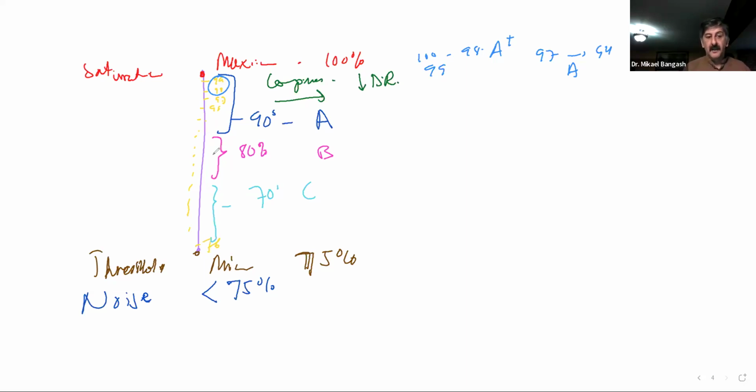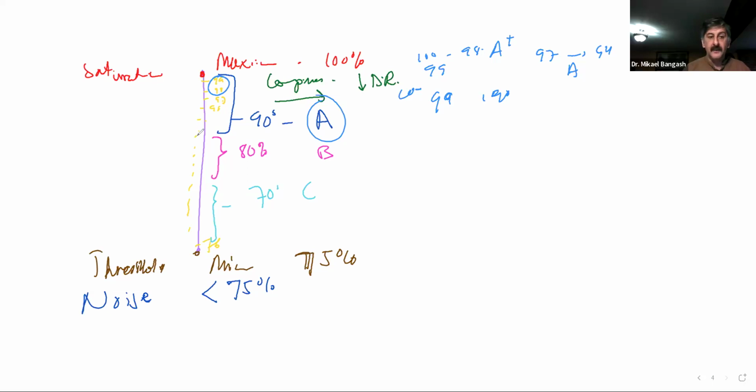Likewise, B plus, B, and B minus. And likewise, C plus, C, and C minus. But when A plus, A, and A minus were grouped together as a common A, it mainly says that anybody who was an A got anything between 100% to 90%.